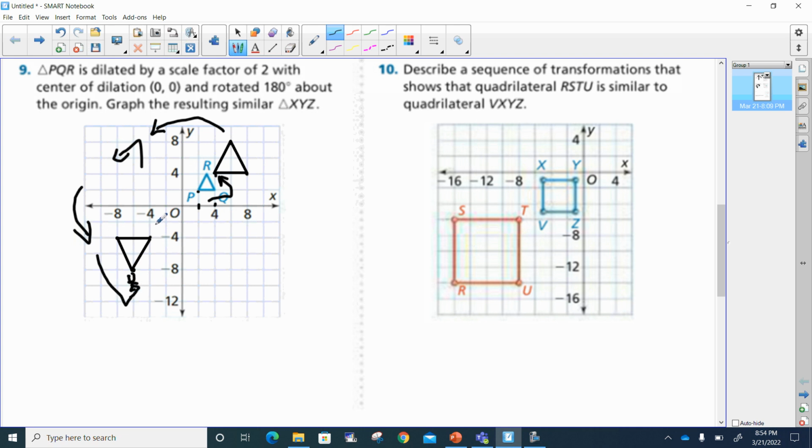No, I'm sorry, this direction here, and then down. So the smallest one would be here, and that would be X, because P was the smallest one over here. And then next would be Q, and that's the next smallest one here would be Y, and then Z would be up here.